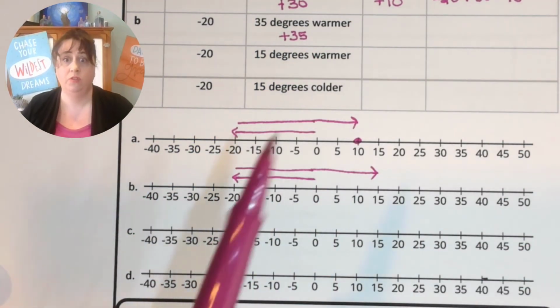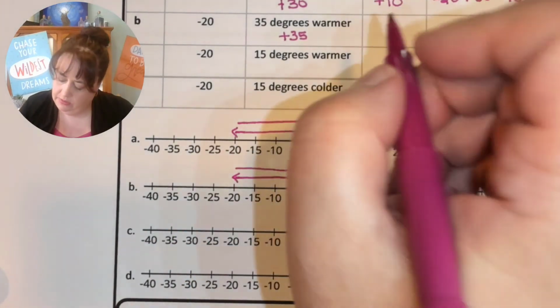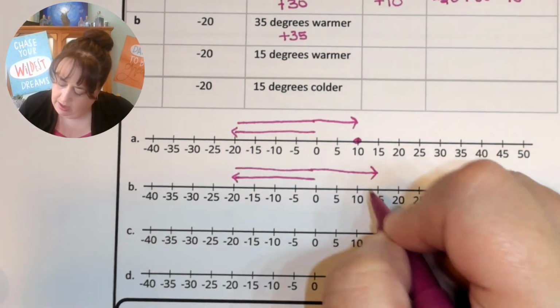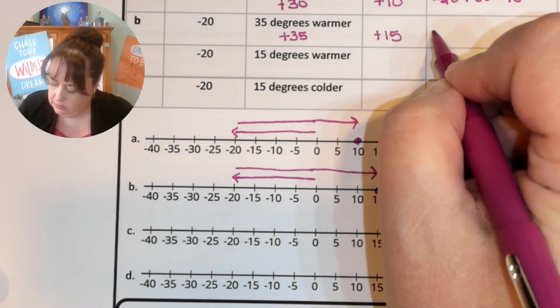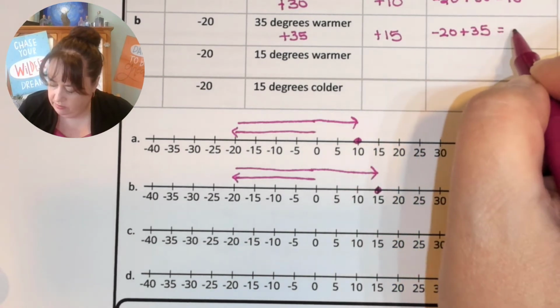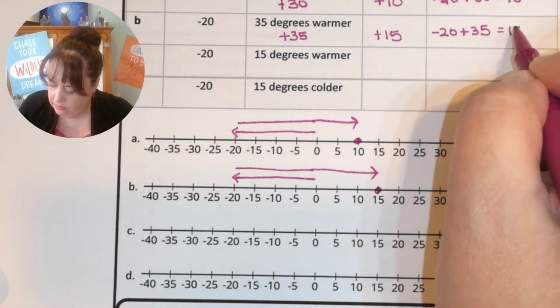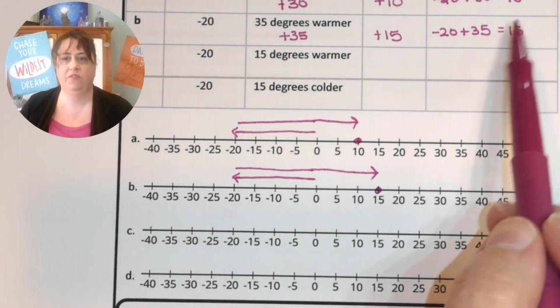When we go to the right, it's positive. When we go to the left, it's negative. So that ended up at 15. So negative 20 plus 35 is equal to positive 15. I wonder how those two numbers actually relate to 15.